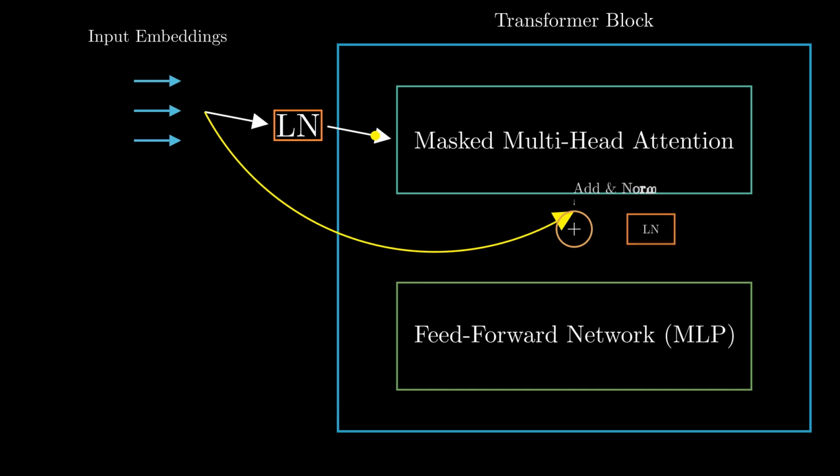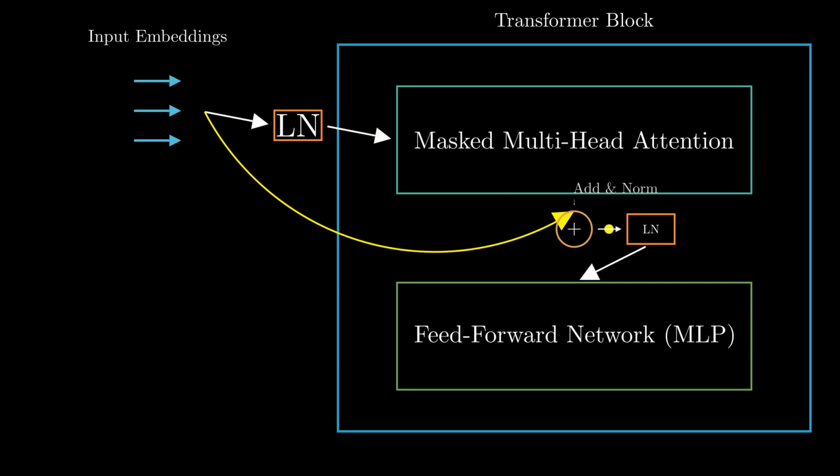This combined, information-rich vector isn't ready for the next stage just yet. We see a familiar pattern. The result of the addition is immediately passed through another layer normalization step. This add and norm sequence is a fundamental motif of the transformer. You'll see it after every major subcomponent.